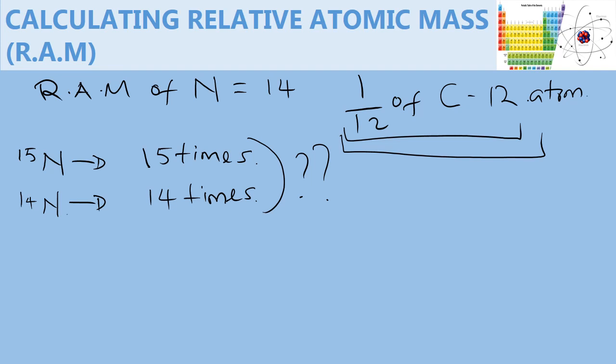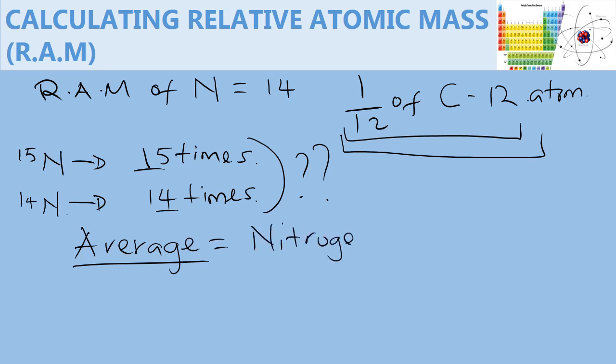Chemists have come up with a way of averaging the 2 masses so as to come up with one figure for nitrogen and all other elements that contain isotopes. Let us see how.